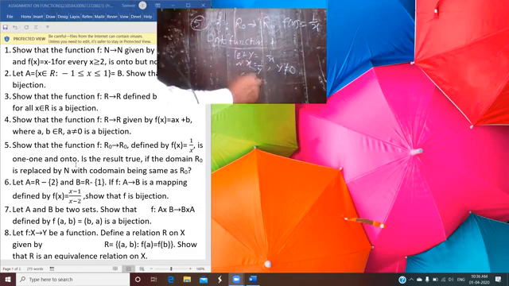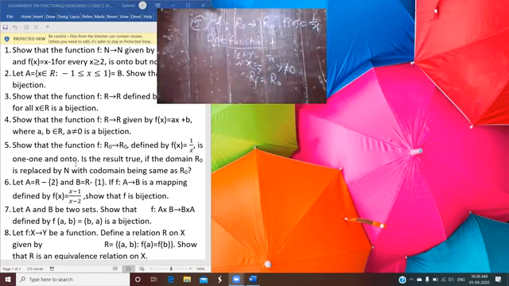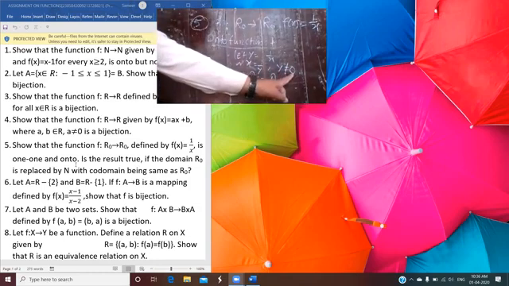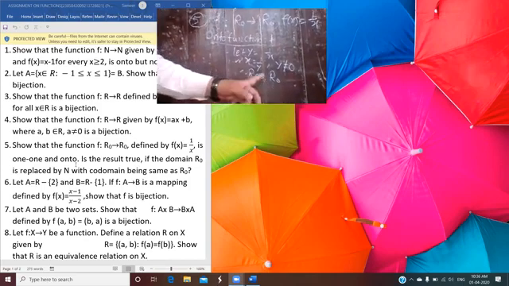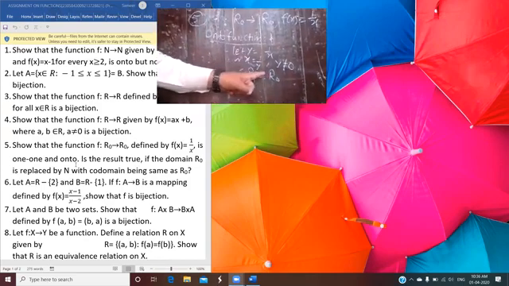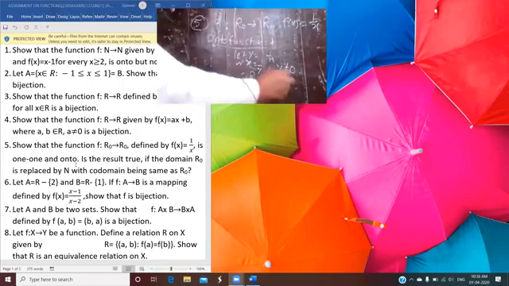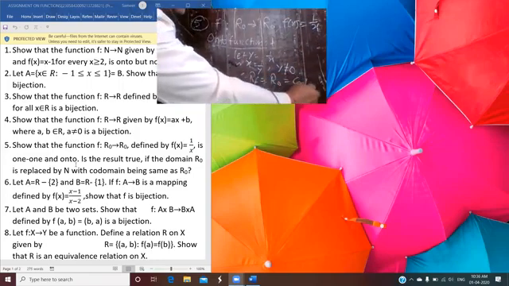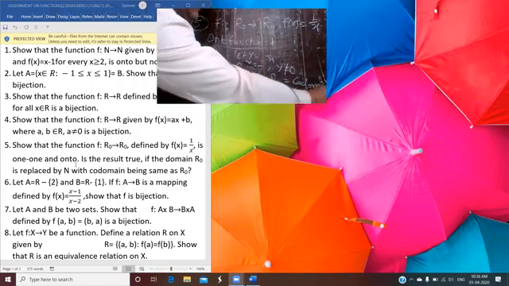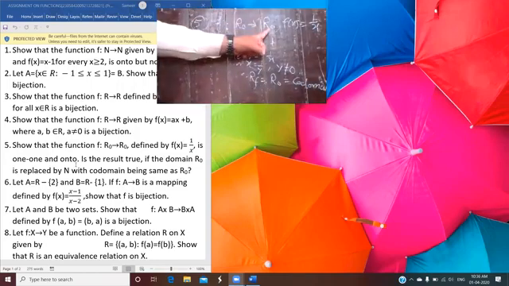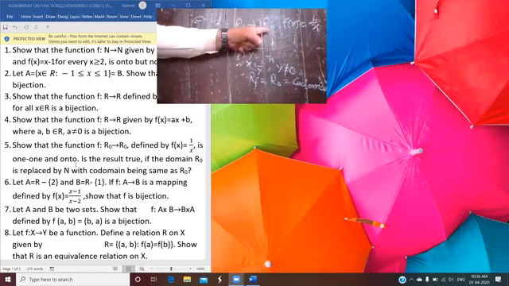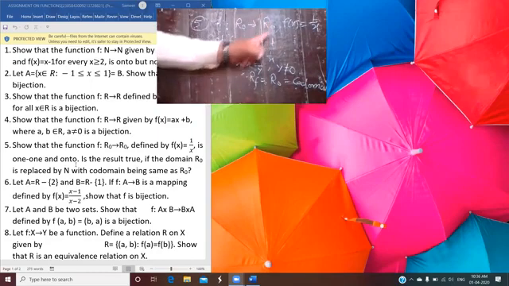So you can say that the range of the function is also R0. Here y is not equal to 0, which means the range of this function is all real numbers except 0, denoted by R0. So the range of f is R0, and that is also equal to the codomain, because the codomain of the function is R0 and the range, both are the same.